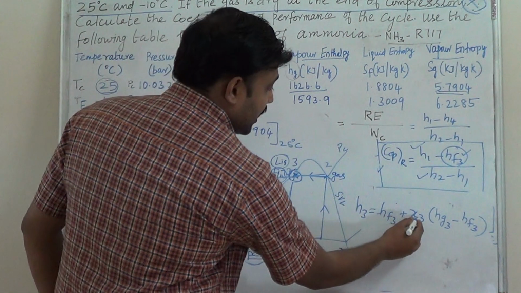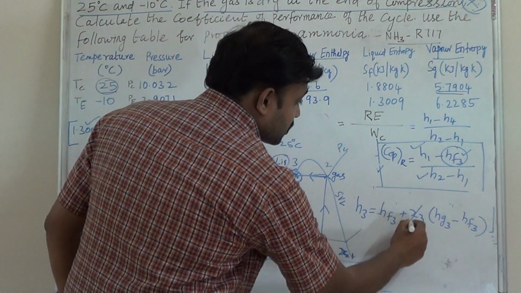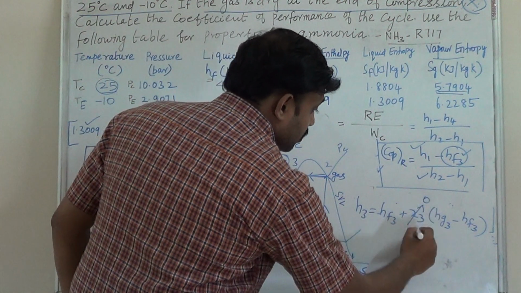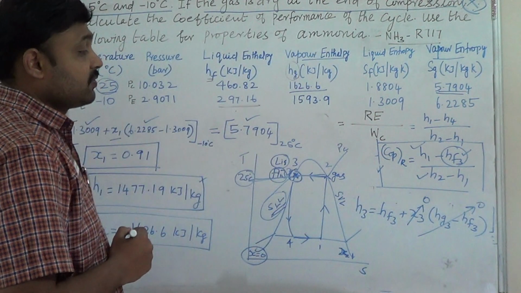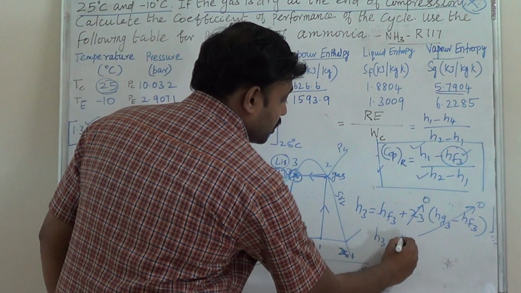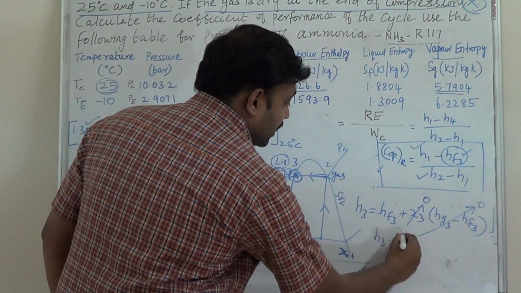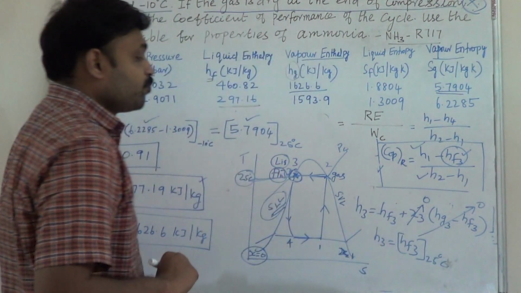So if this is going to be 0, the entire Hg3 minus HF3 term is going to be 0. So the value of H3 is going to be HF3, which is corresponding to 25 degrees centigrade.